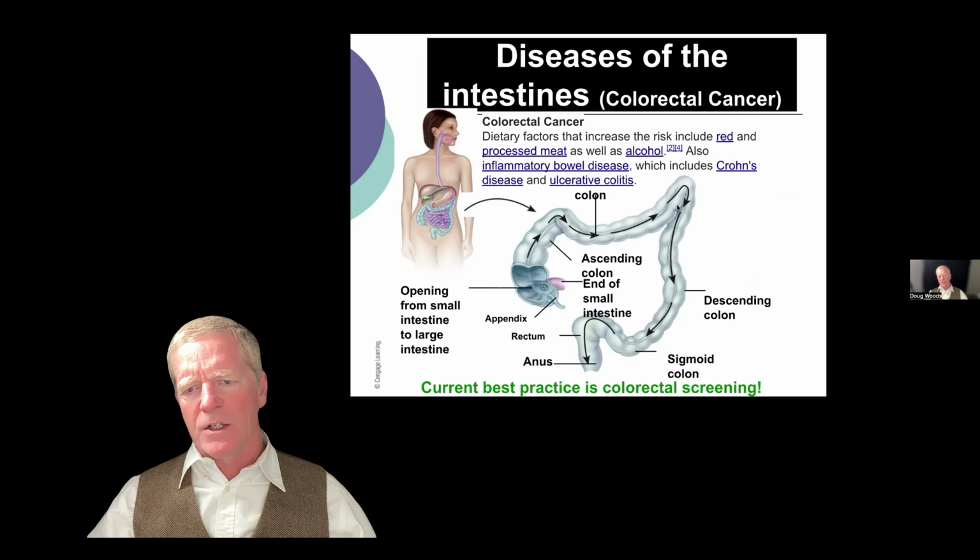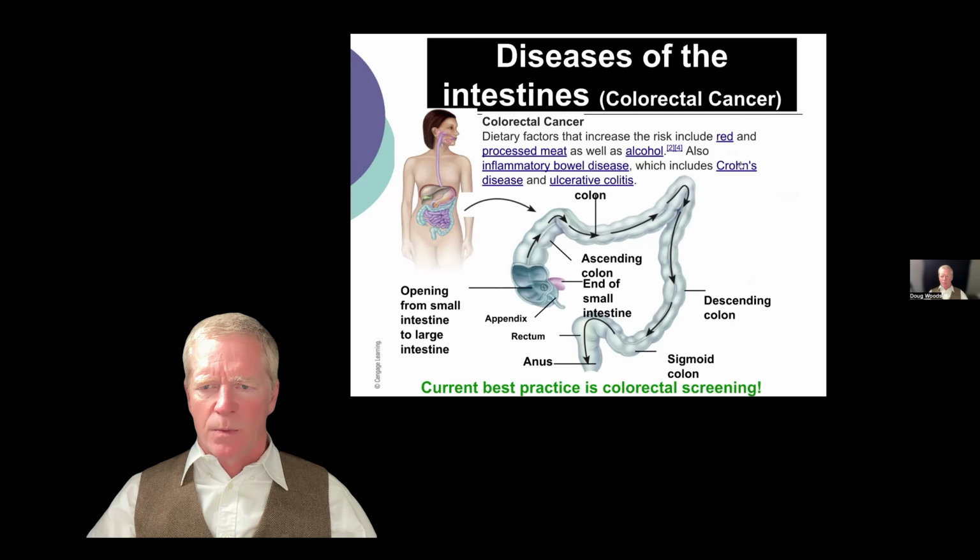So you get a lot of inflammation throughout the colon. And then inflammation throughout the colon can predispose the cells of the colon to becoming cancerous. It can also predispose to diseases like Crohn's disease. It can predispose to diseases like ulcerative colitis.